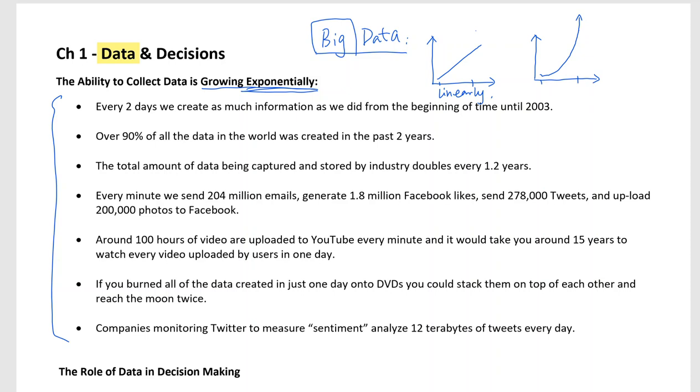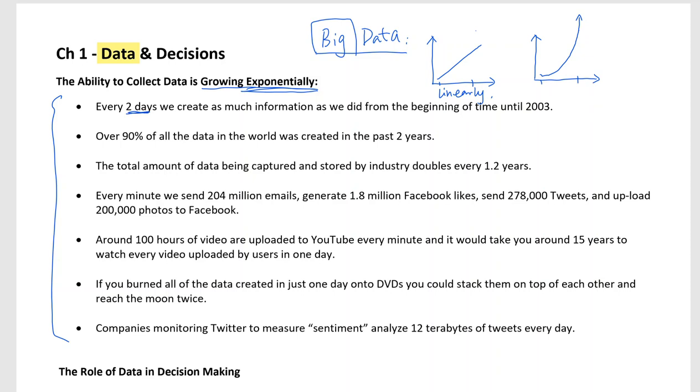I collected several pieces of detailed information to help you understand better how our data is collected, how the ability is growing exponentially. Right. So first, every 2 days, you don't need to remember this. Right.